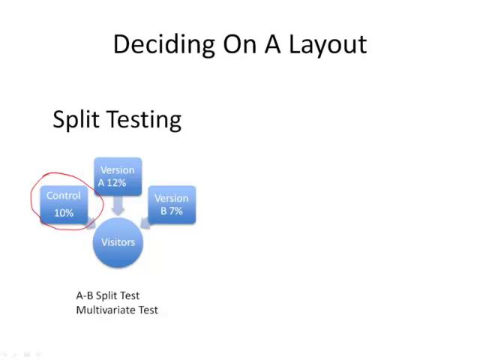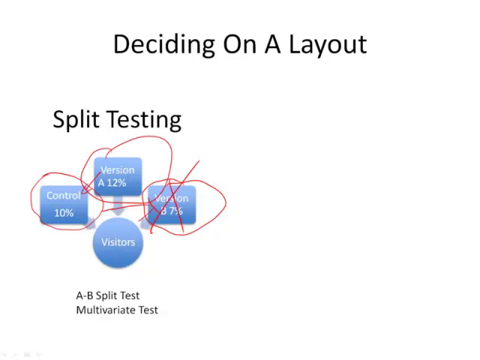Maybe you change the ebook cover, or the opt-in form, and that's version A. On the other version, you change the opt-in to maybe a longer form, and that's version B. You test those versus the control. If version A gets 12%, it outperformed the control, and if version B only did 7%, it didn't. So version B is out for that A/B.